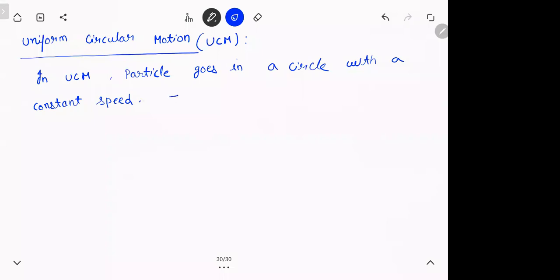Constant speed, the direction of the particle changes every instant.